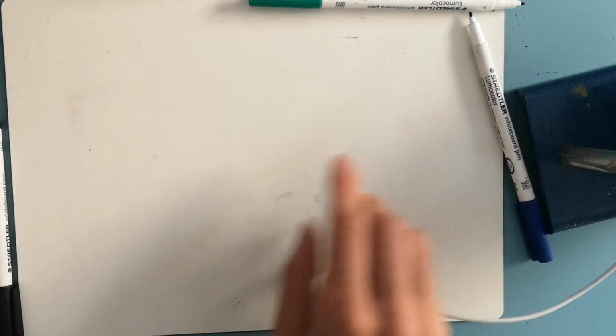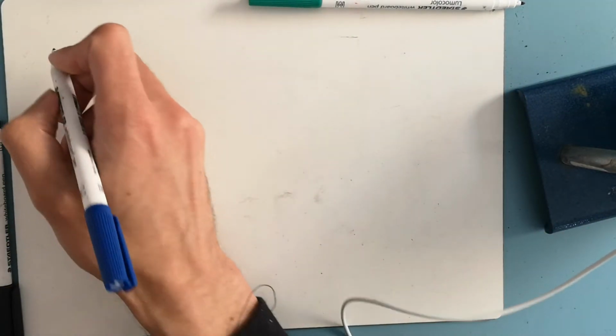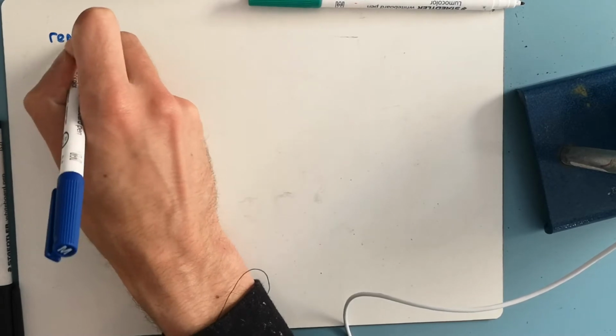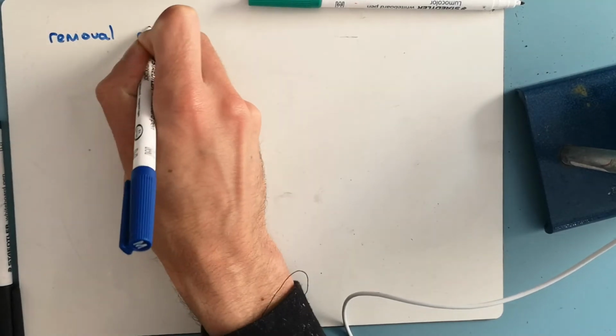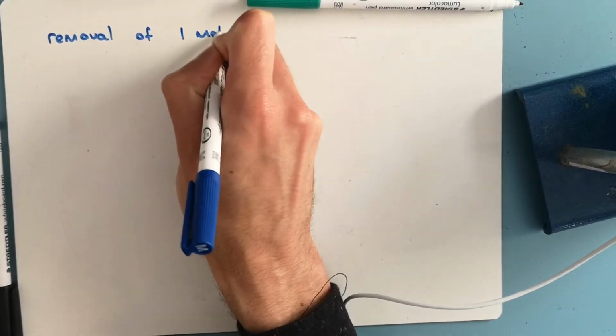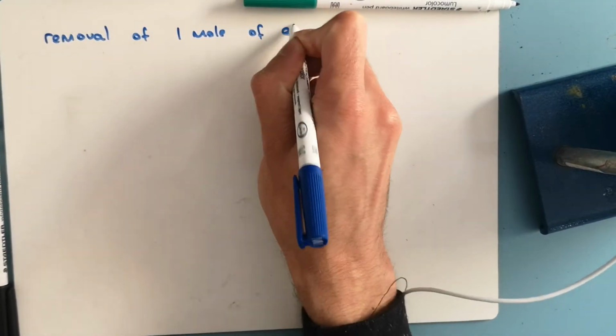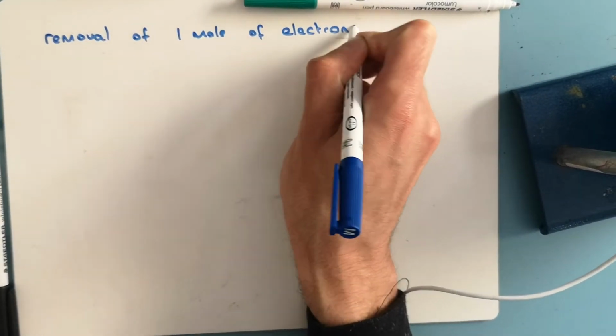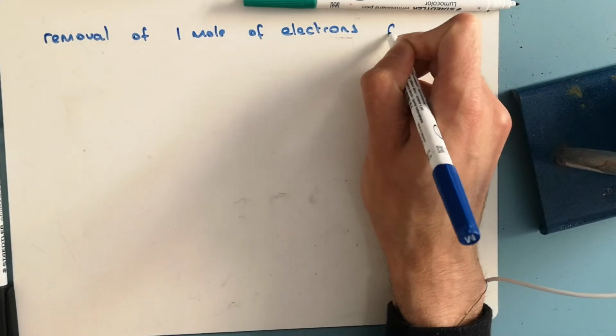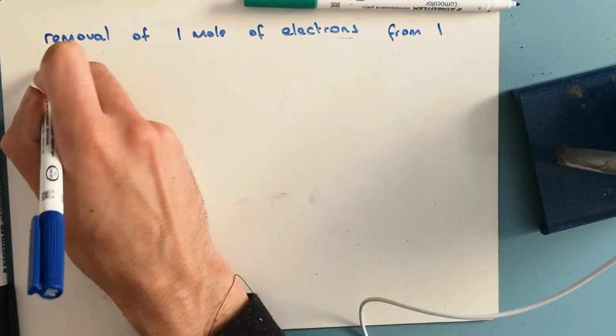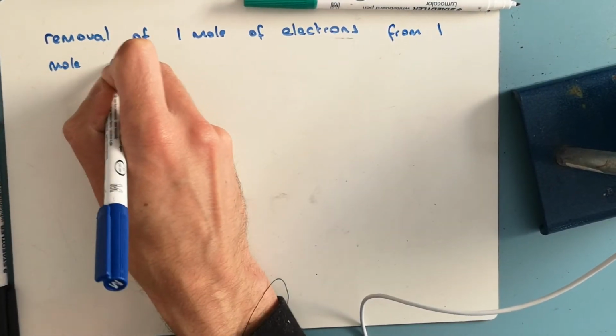And we can get a definition down first of all, and that's the removal of 1 mole of electrons from 1 mole of gaseous atoms.